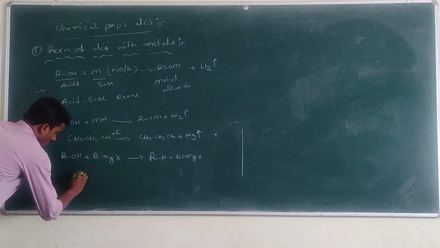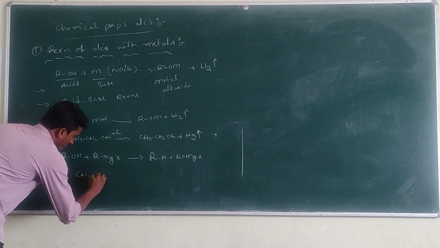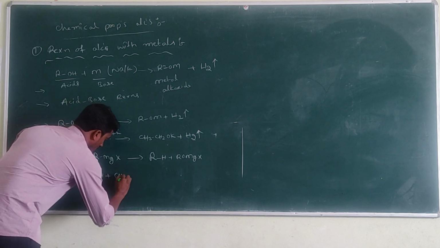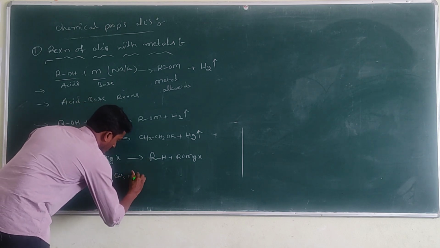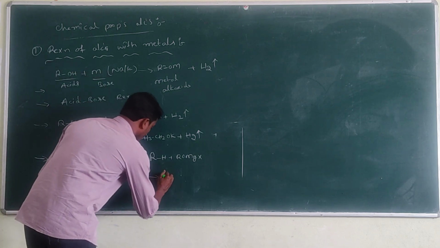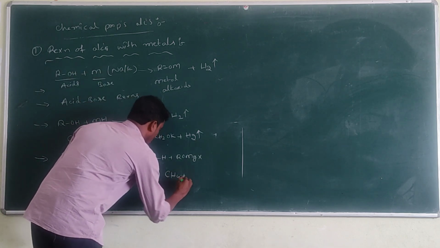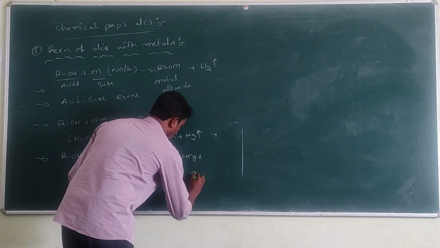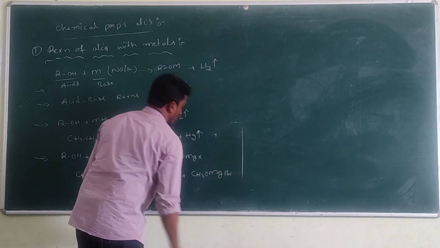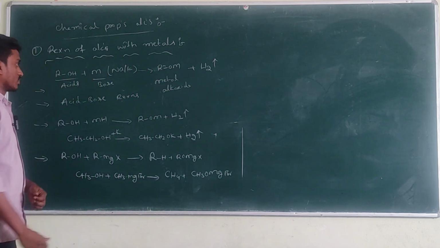For example, methyl alcohol reacts with CH3MgBr, methyl magnesium bromide. Here it forms methane and methoxy magnesium bromide.